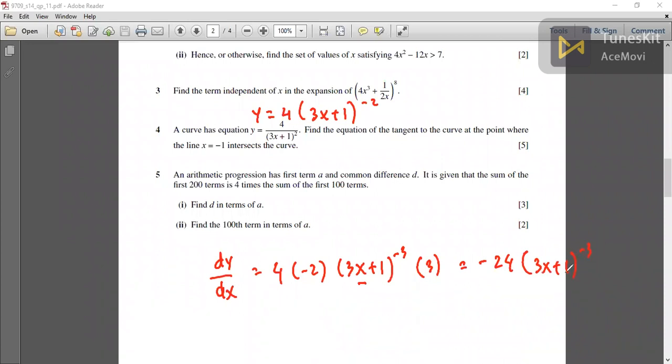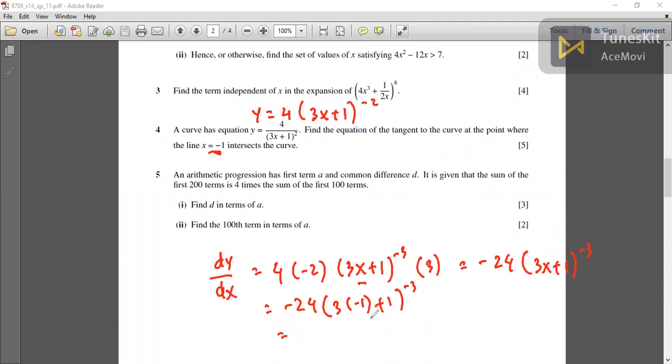And then it said the line x equals minus 1 intersects with the curve, so the x is minus 1. So we put x as minus 1: minus 24 times (3 times negative 1 plus 1) to the power of minus 3.